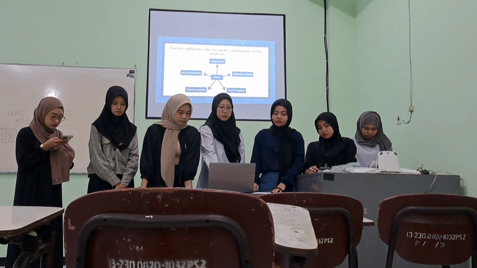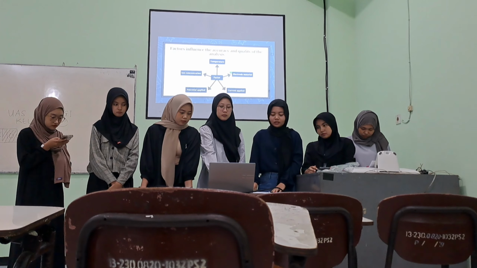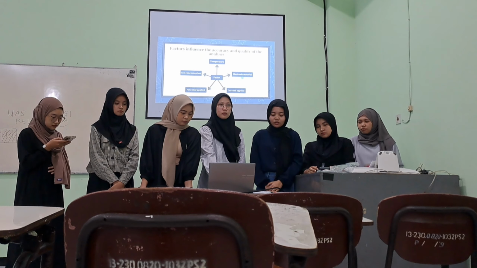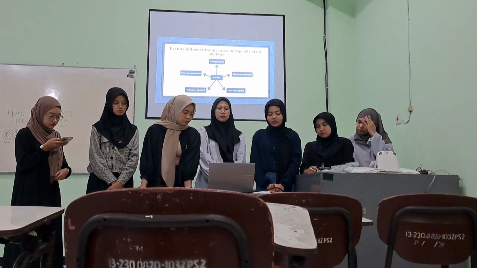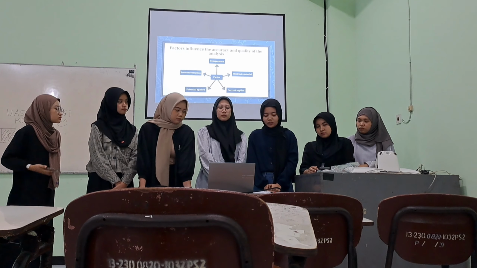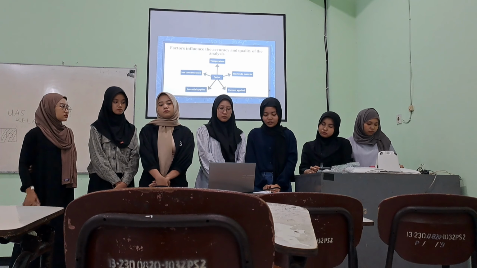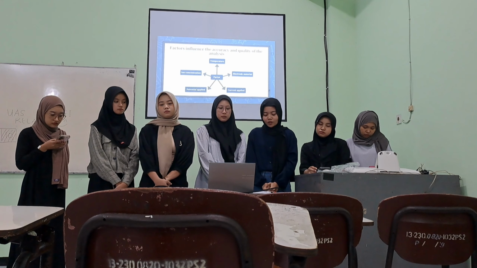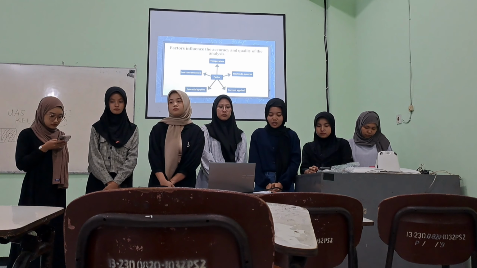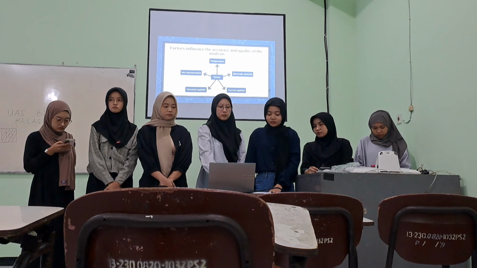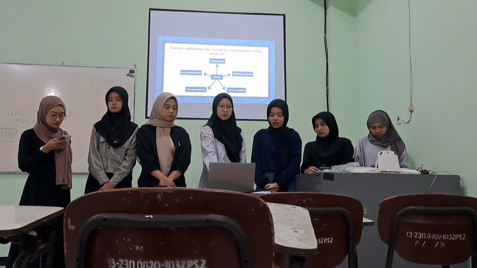Next is electrode material. The type of electrode used, such as platinum or mercury, can impact the quality of the deposit. Different materials have varying levels of reactivity and surface properties, which can influence the adherence and purity of the deposited metal.